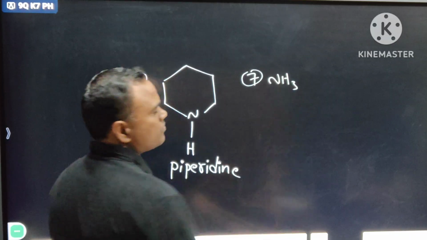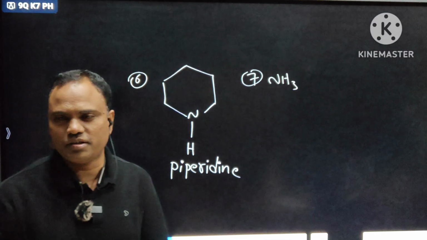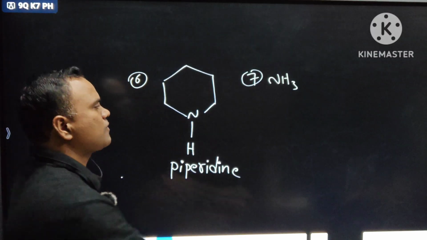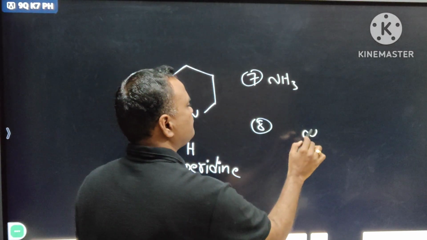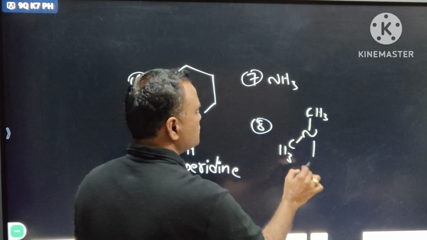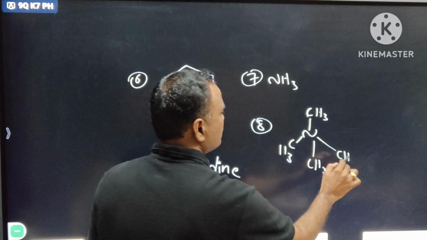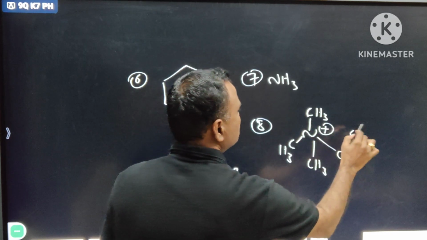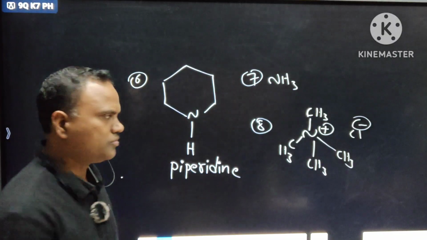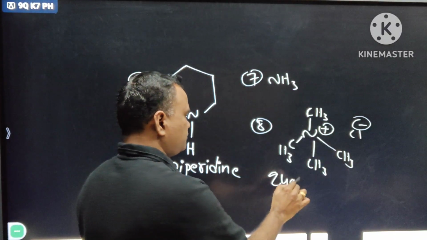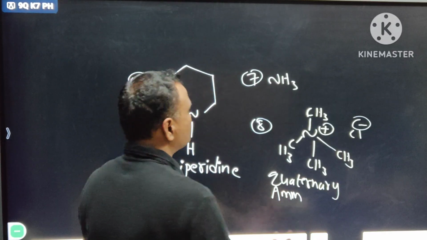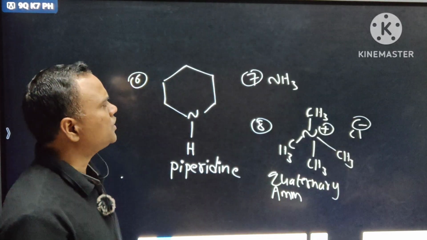Seventh one, ammonia. You know its name, clear? I'll tell why I'm giving ammonia also. If nitrogen is surrounded by 4 bonds, then it will get a positive charge. This is called a quaternary ammonium salt. Seventh one, NH3.